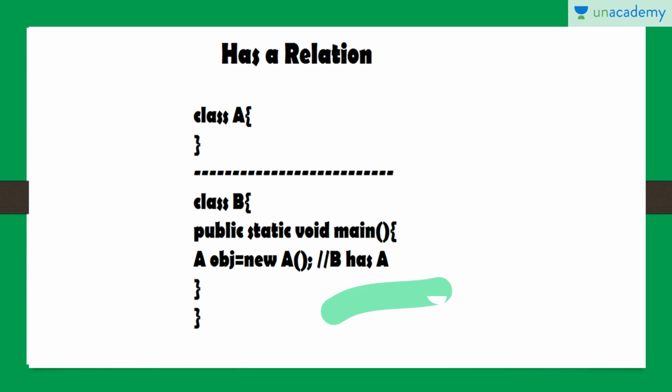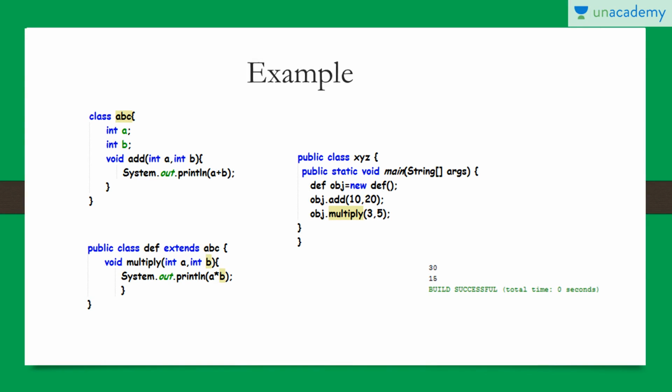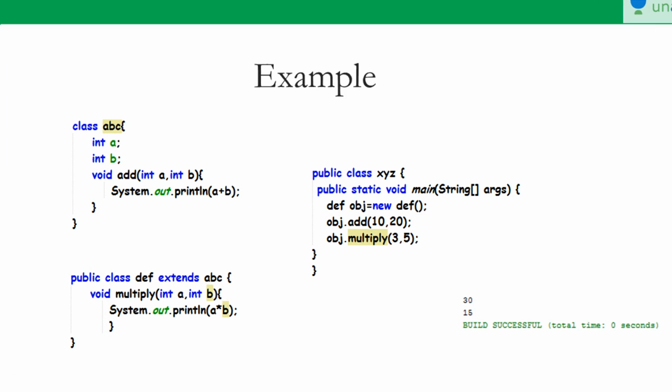Now let us see with the help of an example how inheritance works. Here we have class ABC and here we have class DEF. ABC is a base class and DEF is a derived class because it is extending class ABC. So now DEF will have all the states and behaviors of class ABC, and it is additionally adding a method called multiply.